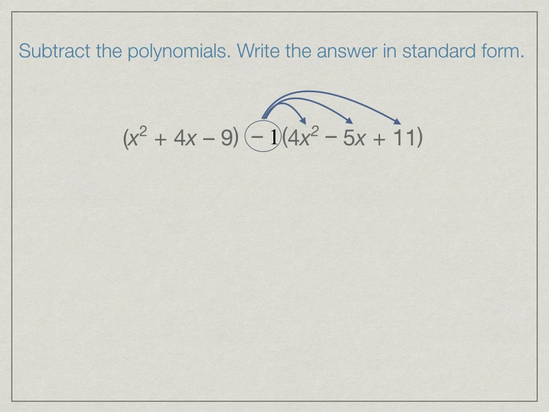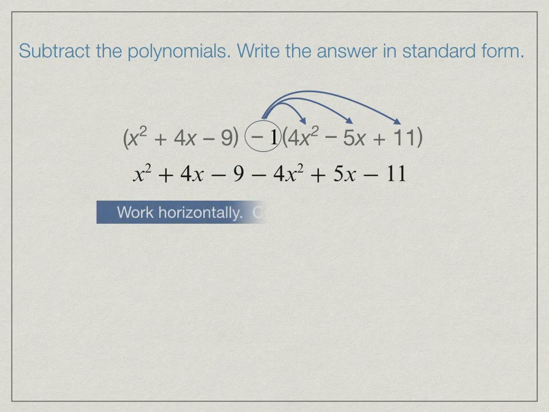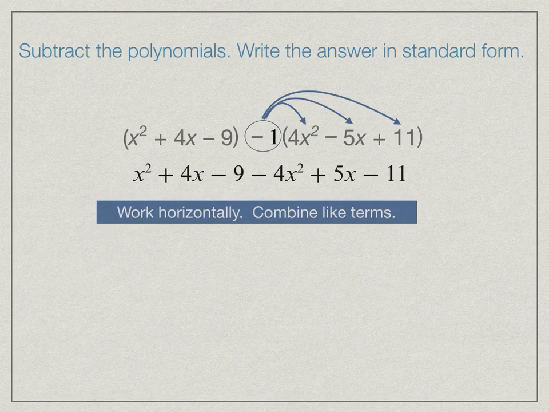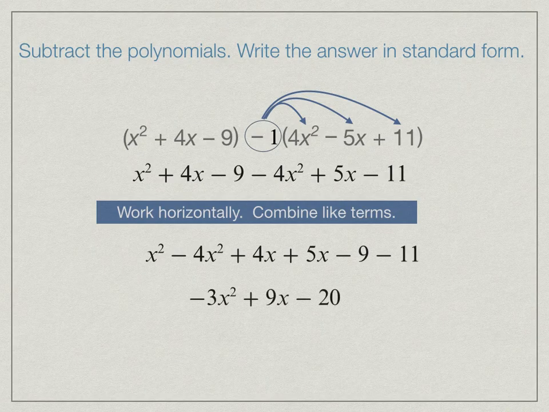So I'm going to have -4x squared plus 5x minus 11. So I want to look for things I can combine here. My x squared terms, my x terms, and my number terms. And that's my final answer for this problem.